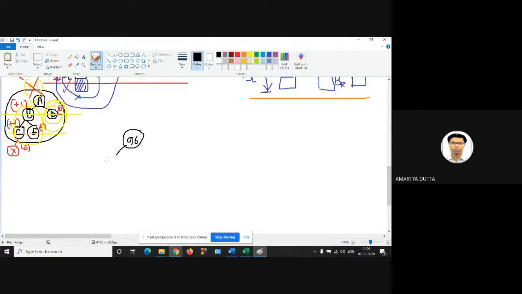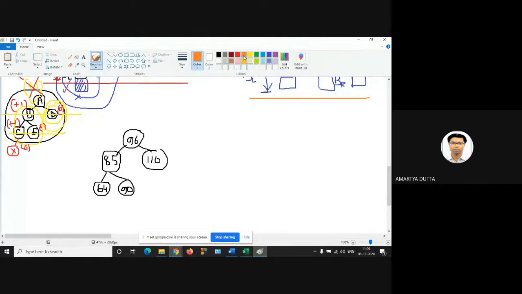This is the rule. Let us have an example. Let the tree root be 96, this is 85. Please look at it carefully. Let this be 110, and let this be 64, and let this be 90.